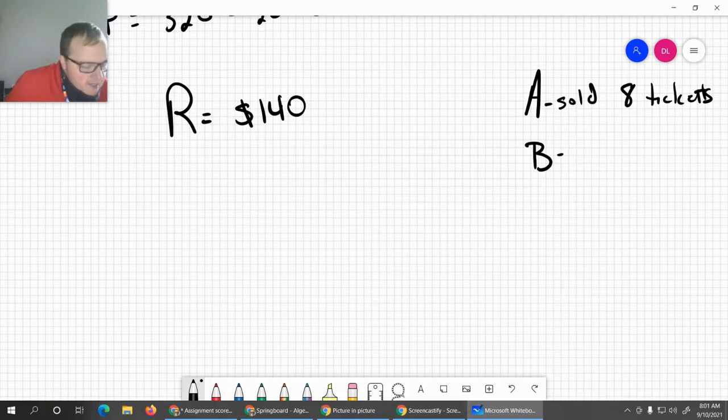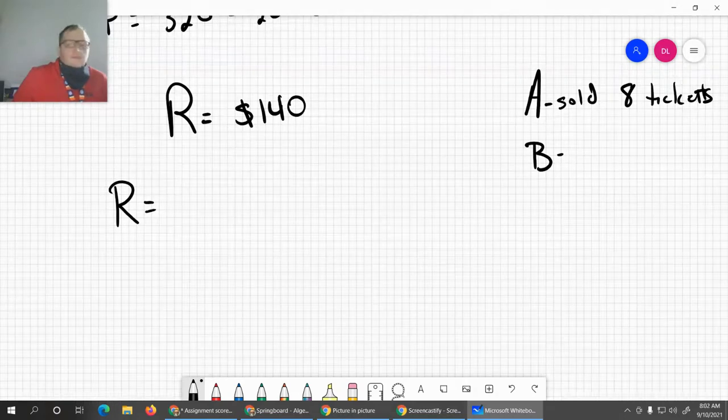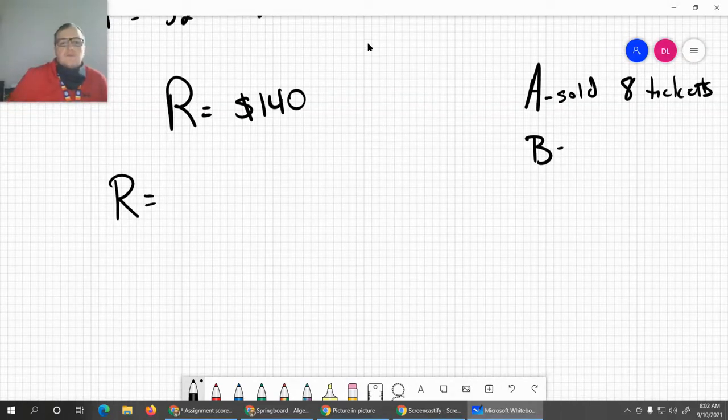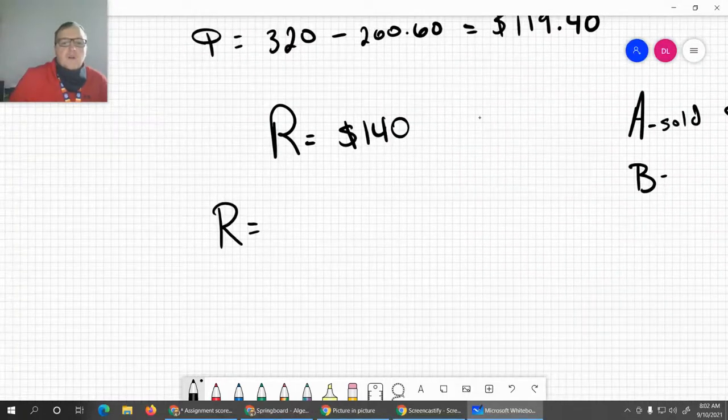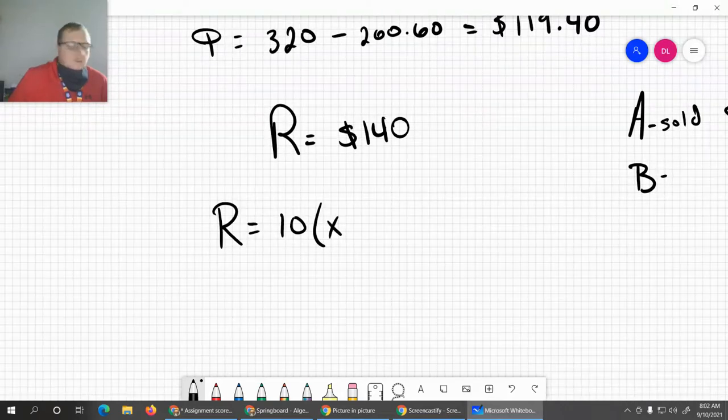So it says to write and solve an equation to determine. What was our expression that we used for revenue? Go back up here. 10x is what we used for revenue. Think about what x stood for.